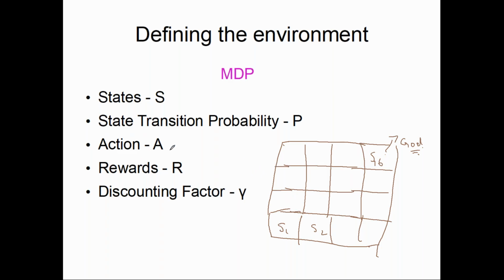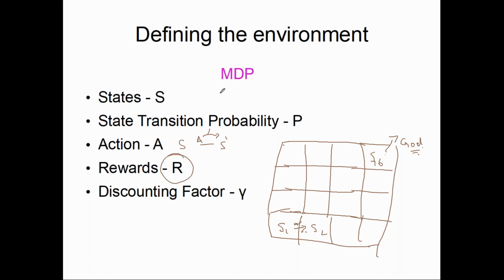Moving from one state to the other, there is some action to be taken. Actions are what help transition from S to S dash. In the process of transition, on taking an action, it reaches the next state, and also gets some reward points.